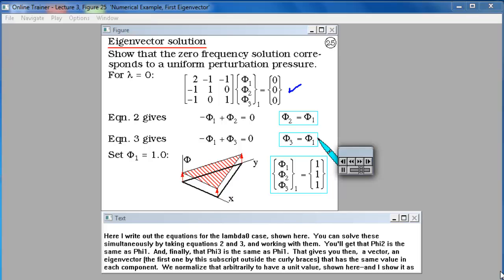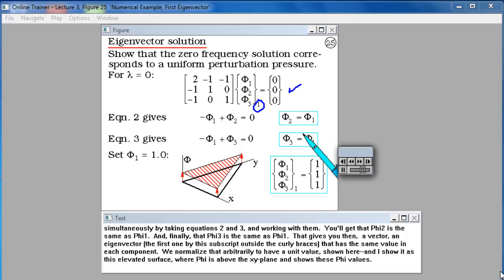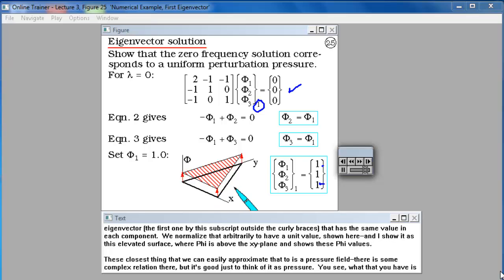That gives you then a vector, an eigenvector, the first one by this subscript outside the curly braces, an eigenvector that has the same value in each component. We normalize that arbitrarily to have a unit value shown here, and I show it as this elevated surface where phi is above the xy plane and shows these phi values.